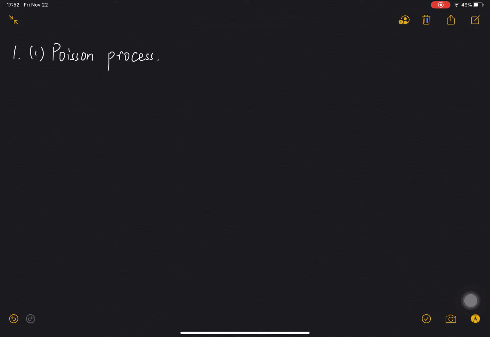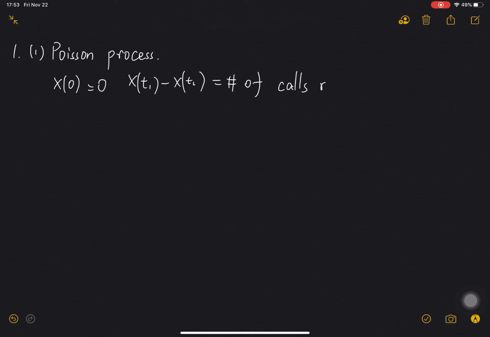The first thing is the definition of the Poisson process. The definition is that X0 should be 0, and X(t1) minus X(t2) should be the number of calls received in t1 and t2.